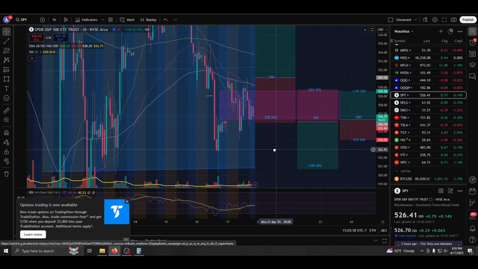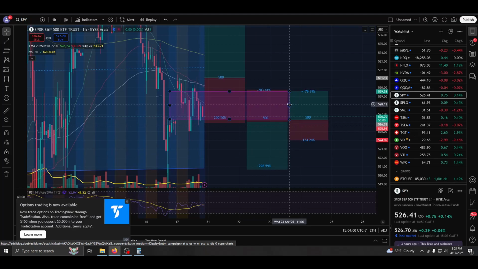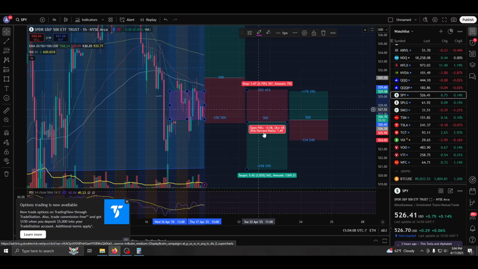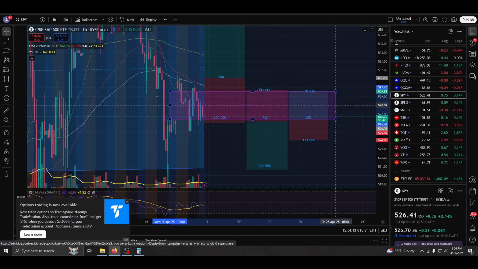If you watch my previous video, you'll understand all about gap fills and why those are so important. But I'm just going to pull this out to show you my trades. We have our stop loss areas, our profit taking areas, the prices for each, and how much everything's going to cost. So just keep in mind that this value gap is in this region, and this is what we're using to set up the trades.